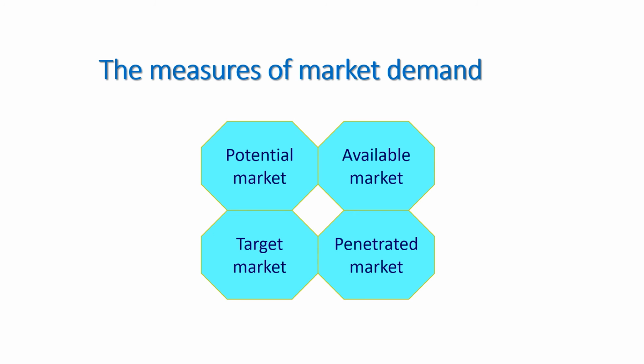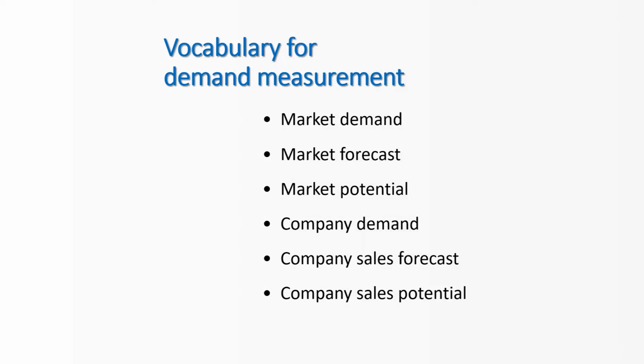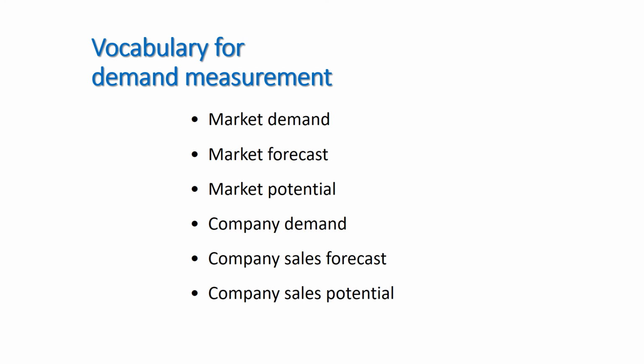For the measure of market demand, we're talking about the potential market and the available market, as well as the target market and the penetrated market. Vocabulary for demand measurement includes market demand, market forecast, market potential, company demand, company sales forecast, and company sales potential.